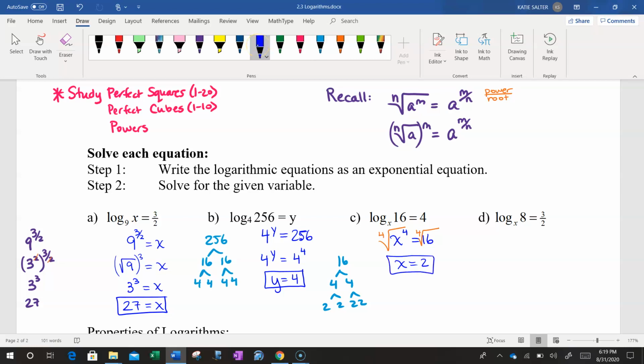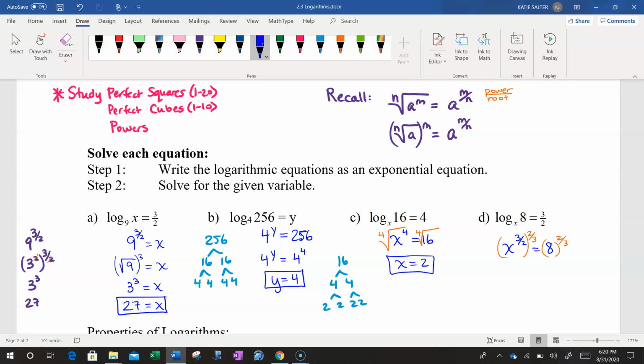All right, so looking at the last one, our base is x, our exponent is 3 halves, equals 8. You can work this out using exponent rules, or you can work it out using radical rules. What I'm going to do first is raise each side to the 2/3 to get rid of that ugly fractional power on the x.